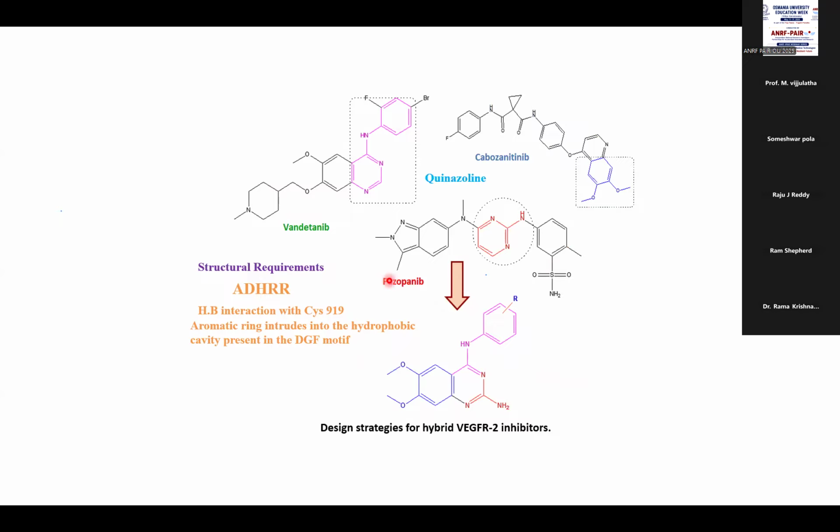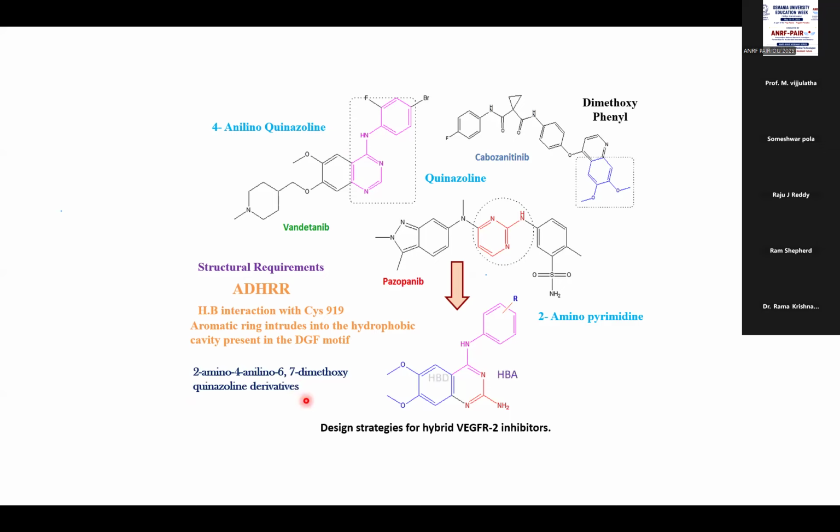So this had a quinoline moiety, this had a dimethoxyphenyl group, this had a 4-anilinoquinoline moiety, and this had a 2-aminopyridine moiety. So all these were taken into consideration to make the hybrid molecule, so that we got a 2-amino 4-anilino 6,7-dimethoxyquinoline derivative.